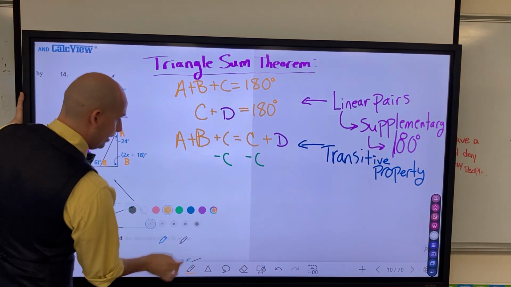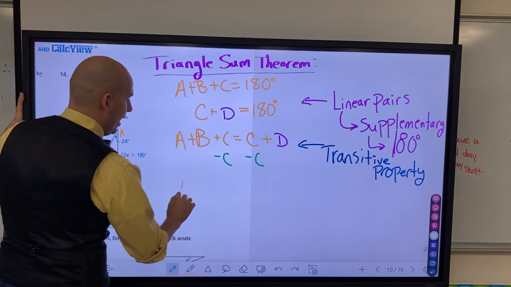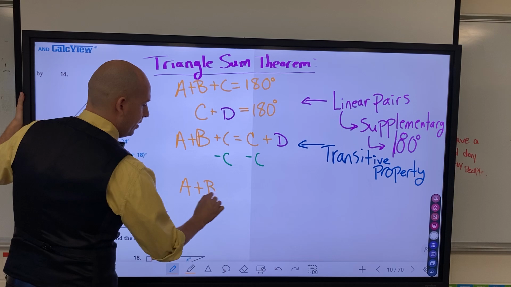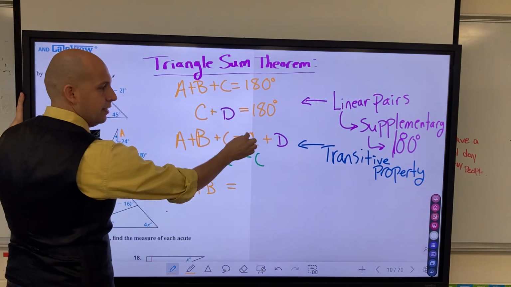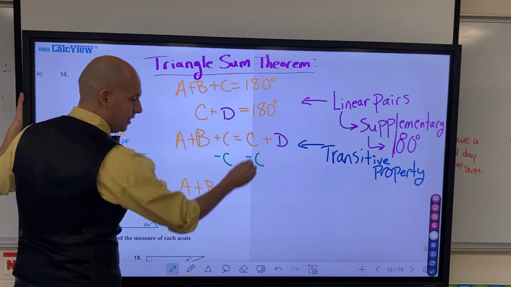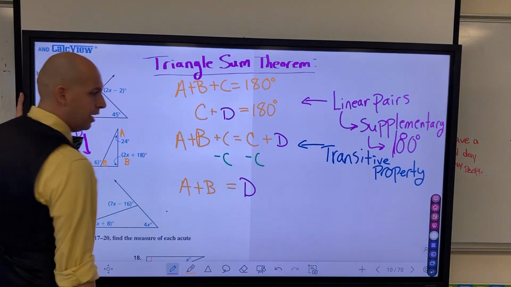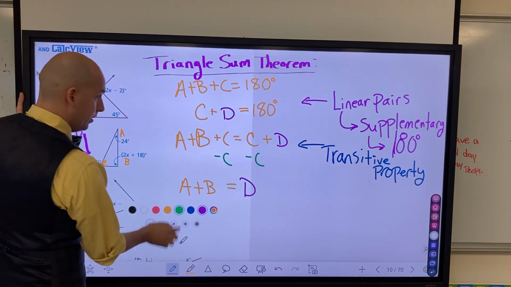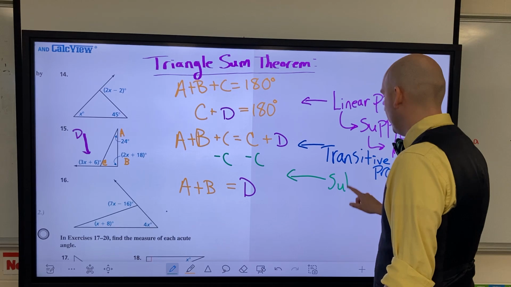So that leaves me with A plus B. C minus C is 0, so that goes away. C minus C is also 0 on this side, that goes away, and that makes it equal to D. And that's by the subtraction property of equality.